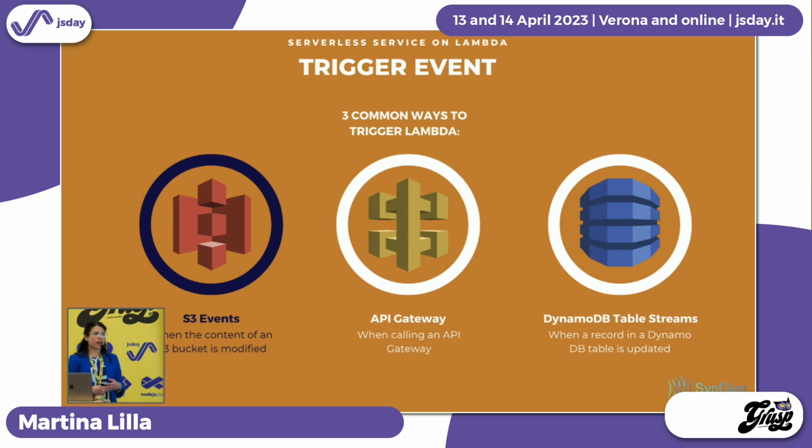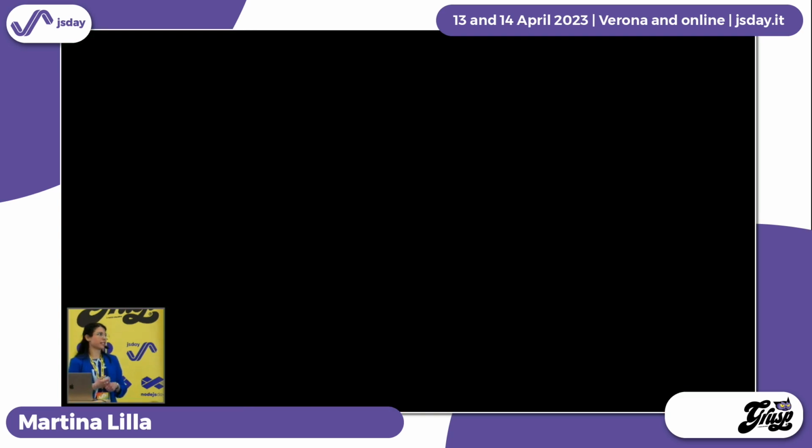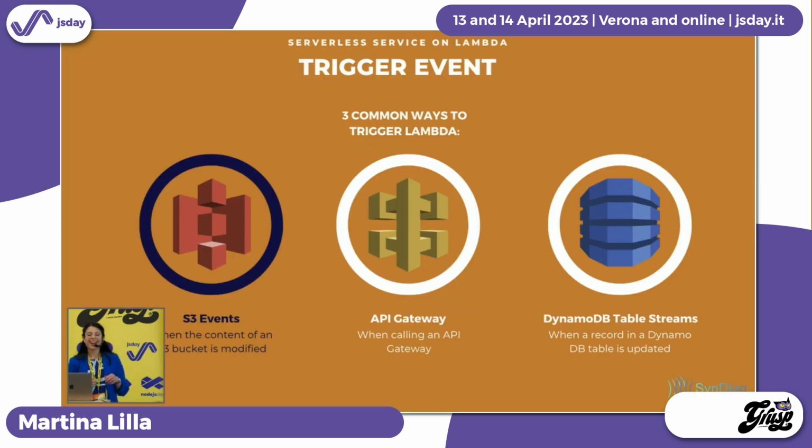There are a lot of types of events that can trigger your Lambda, but for example, the three most used are, first of all, S3 events. S3 events means that when someone or something modifies the content of an S3 bucket, the Lambda will be triggered.